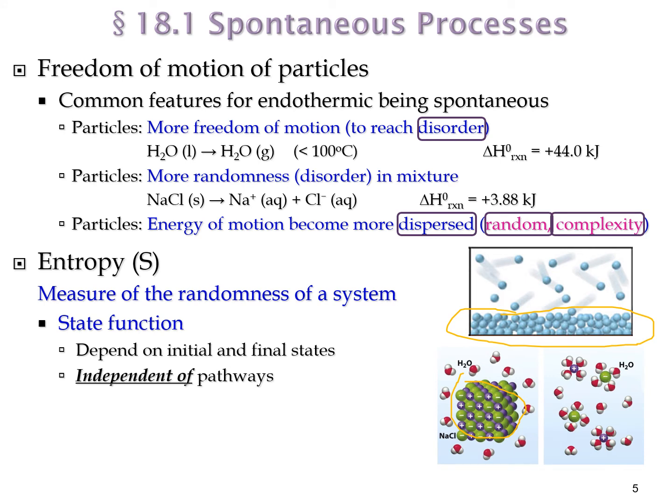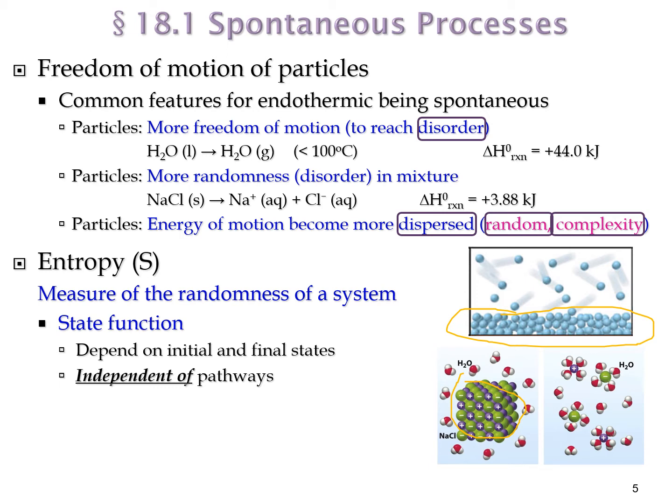State function means it depends on the initial and final state, and it is independent of the pathway the system chooses. So for example, take evaporation of water to gas. I can have this water in the freezer, let it freeze into solid ice, and then put it back at room temperature, make it a liquid again, and let it evaporate.